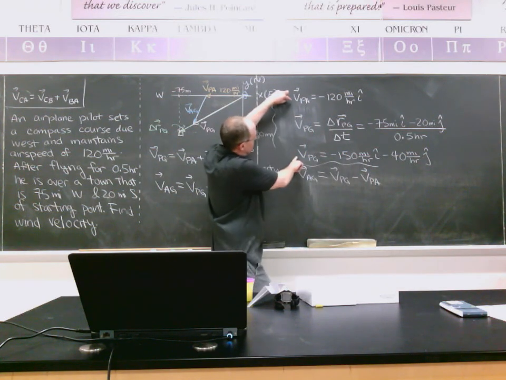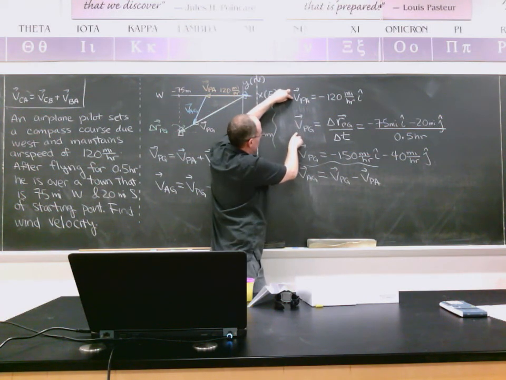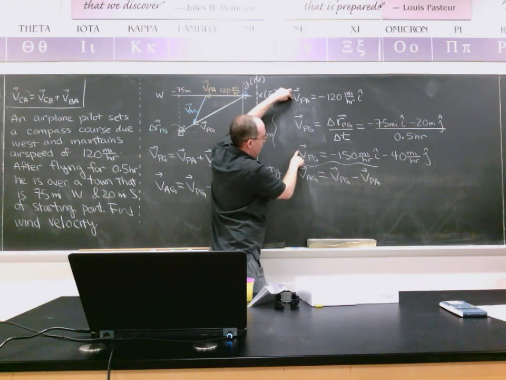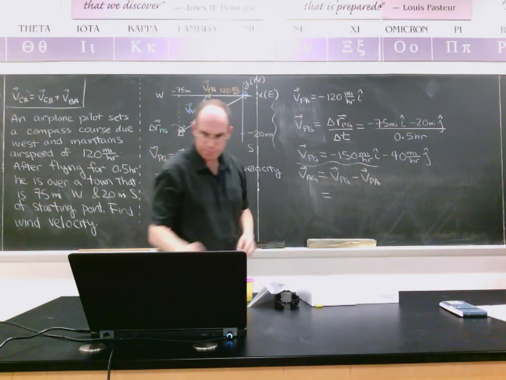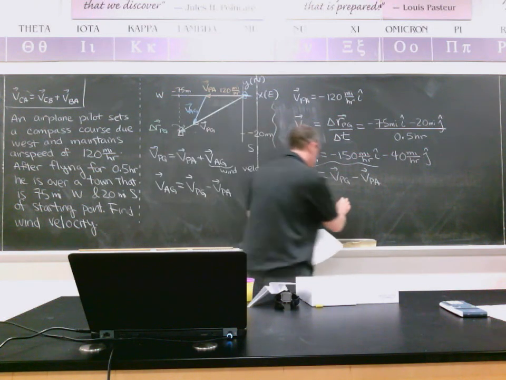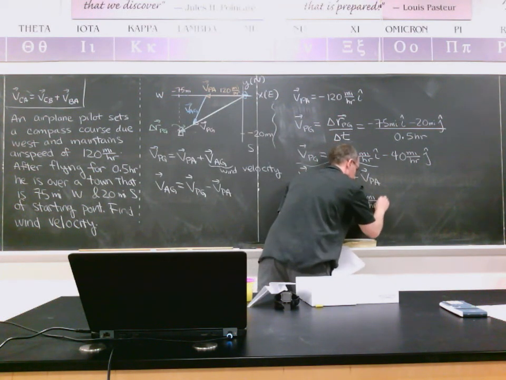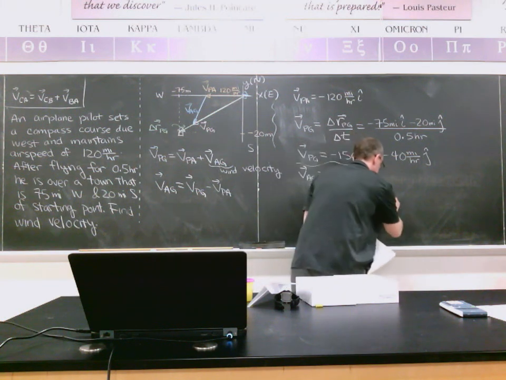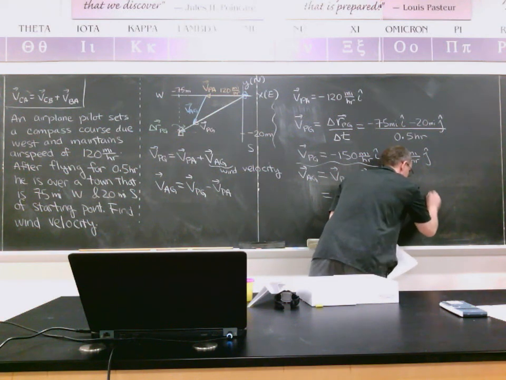And if you just substitute these two expressions and put them here and here, you get minus 30 miles per hour i hat, minus 40 miles per hour j hat.